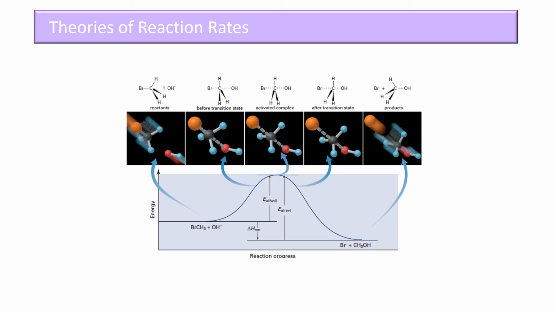So we can see how the molecule is positioning itself, how it's bonding, and what's happening as the shape of the molecule changes according to our reaction progress. Take a moment to study this.